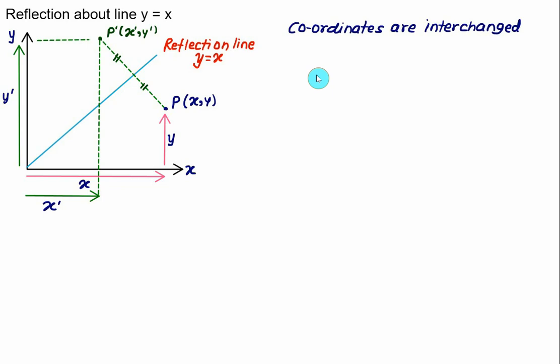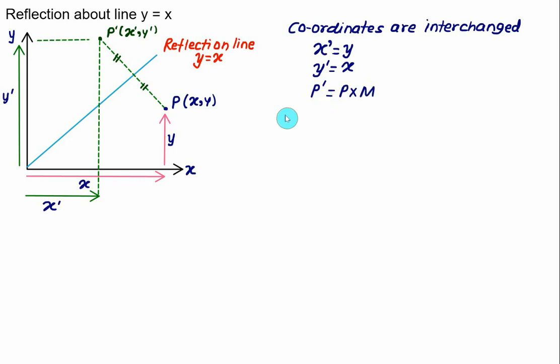So for reflection about the line y is equal to x, our observation is that the coordinates are just interchanged. That is, x prime will be equal to the original coordinate y, and y prime will be equal to the original coordinate x. So in this case we can write the mirror matrix as P prime is equal to P multiplied by the mirror matrix M.